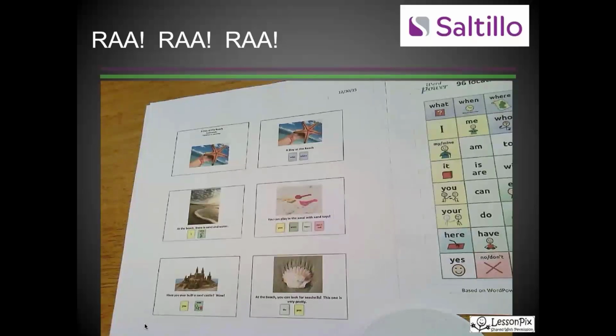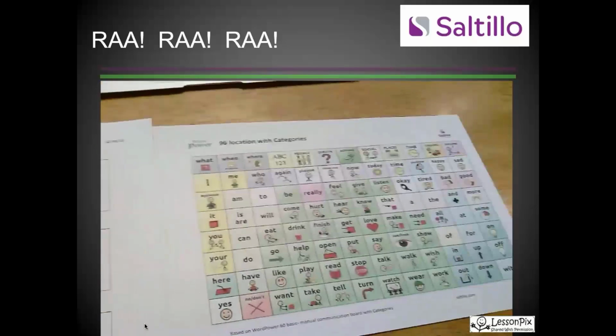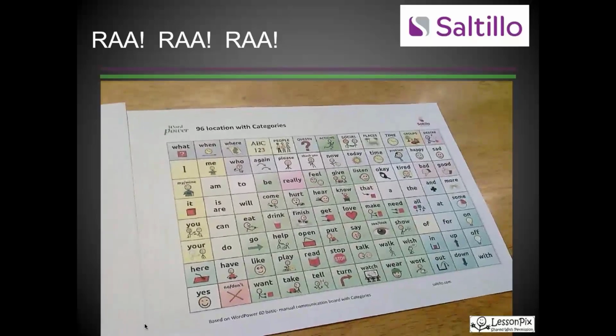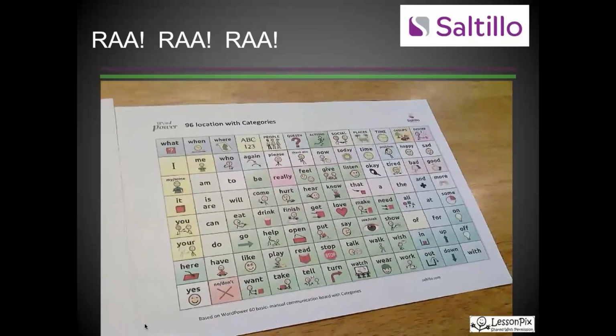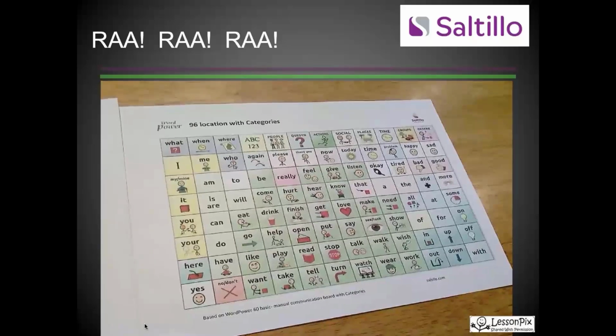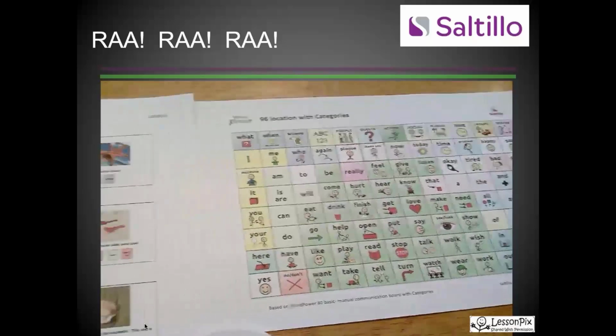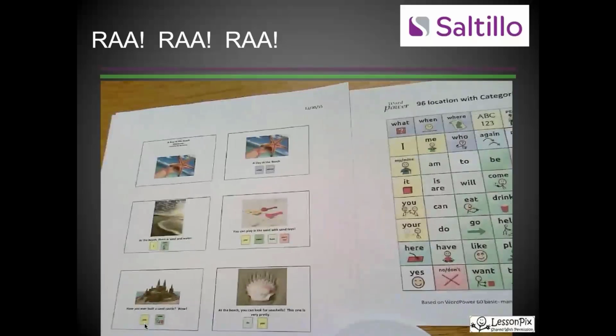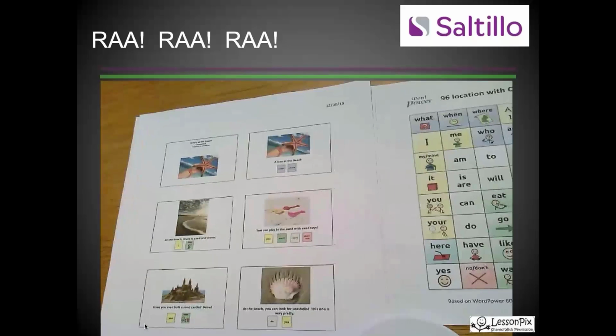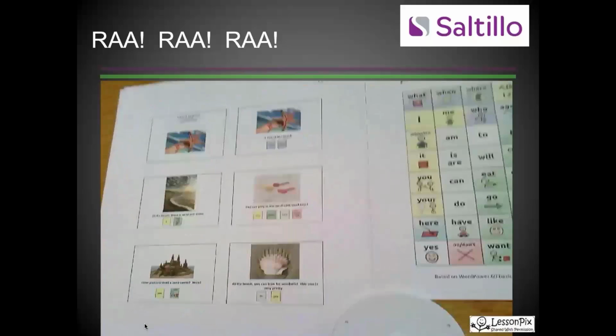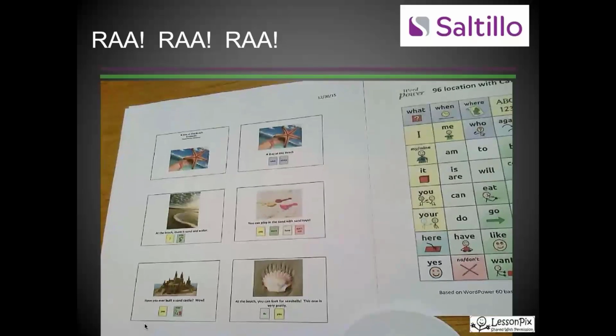And we have our same 96 location low-tech board that we used in part 1. But remember, if you are using a Nova Chat or any other device, a Chat Fusion or Touch Chat, and you have a different board, this is just serving as an example. So you would use whatever board your client is using.